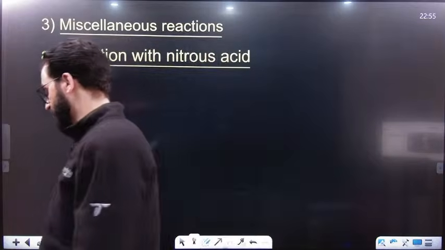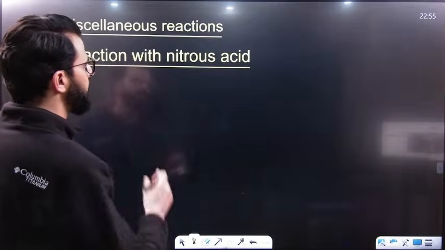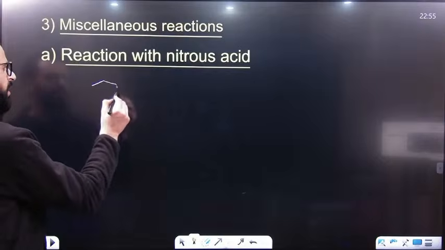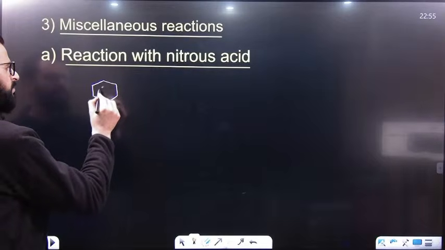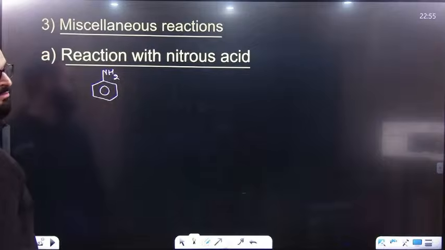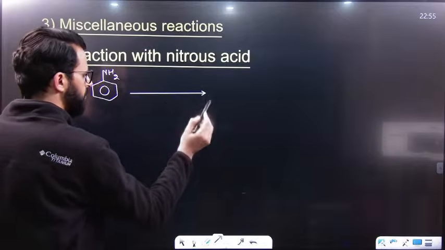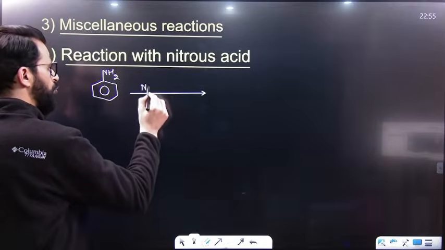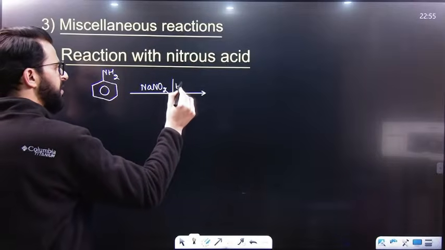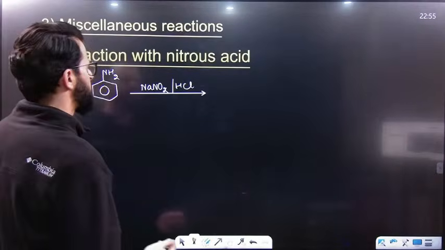Okay. Thank you. Now, this is the reaction of amine with nitrous acid. Have a look. First of all, if we are having a primary amine but an aromatic one, if we are having an aromatic primary amine, whenever it is treated with sodium nitrite and, for example, an acid, let us suppose the acid is HCl, not necessarily HCl, but let us suppose HCl.